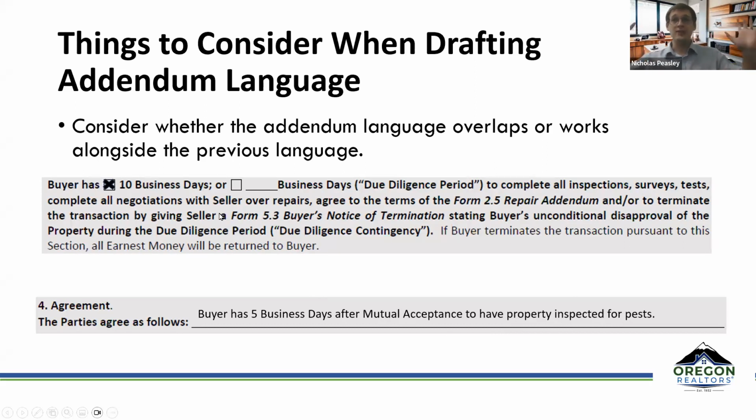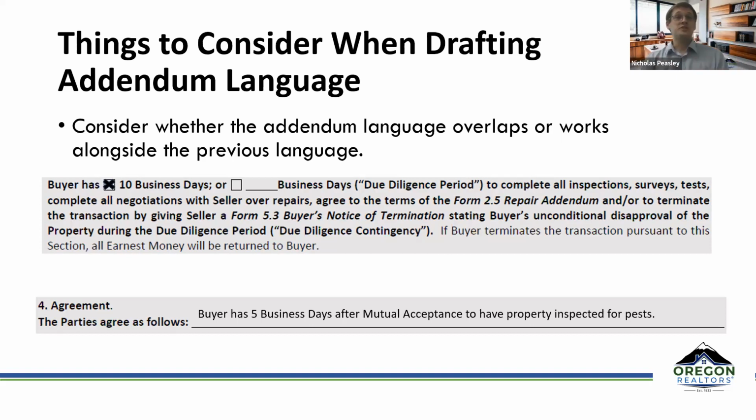Or have they taken their due diligence period and now it's only 5 days long? Or is there a 10-day due diligence period and also a simultaneous 5-day pest inspection period? I see a yes, I see a no, I see a both. Both. You got the diligence period and a pest inspection period, simultaneous, correct.